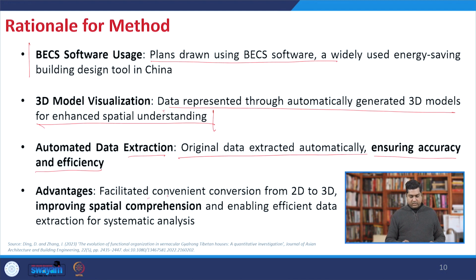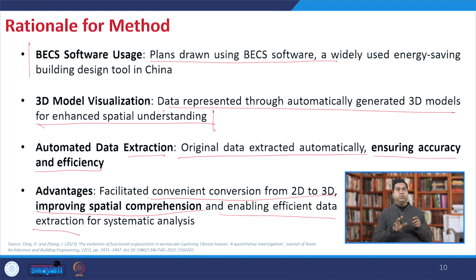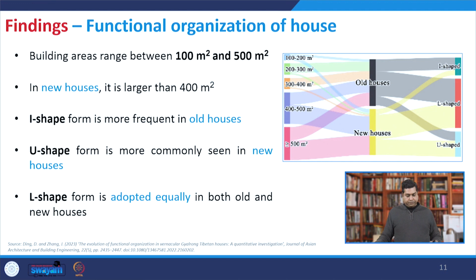Advantages: it facilitates convenient conversion from 2D to 3D, improving spatial comprehension and enabling efficient data extraction for systematic analysis. So whenever you use software which can give you accurate measurements, when you give certain input and you can see all those other parameters, it is very effective.